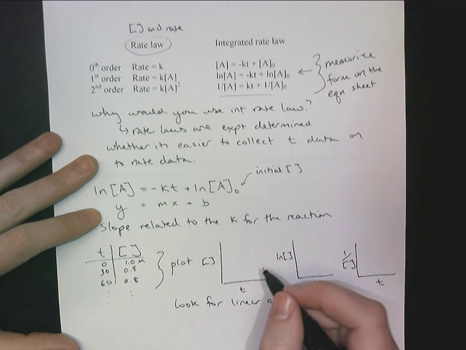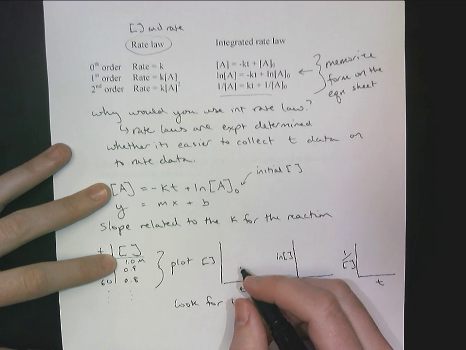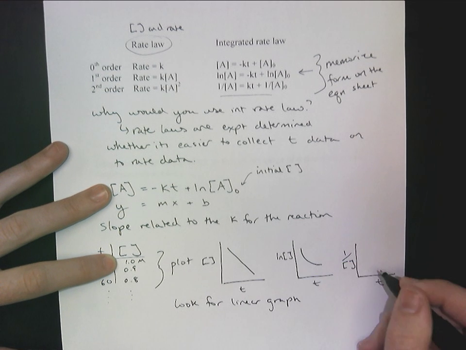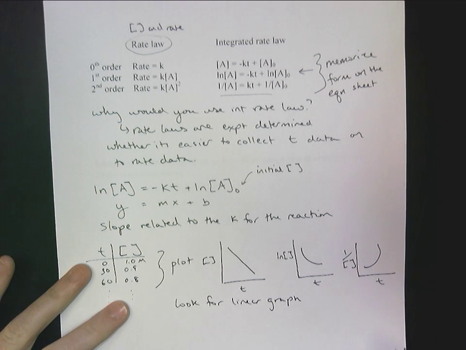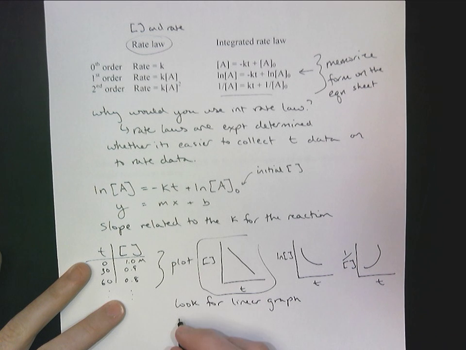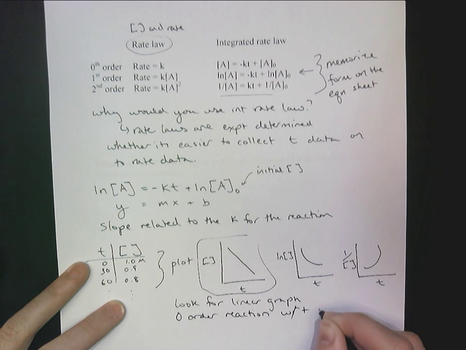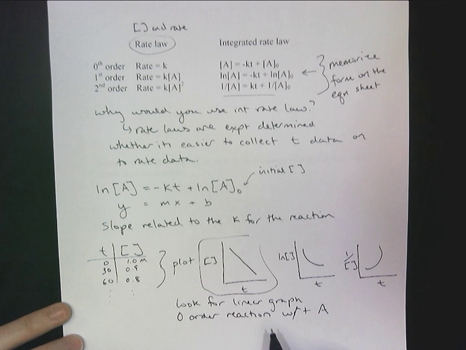So for example, if I'm looking at this plot and I see this, and then I see this, and then I see this, something like that, I know that I have a 0 order reaction with respect to A. Okay, so anytime you have integrated rate law data, so time and concentration data, you want to plot it, and then you want to look for the line.